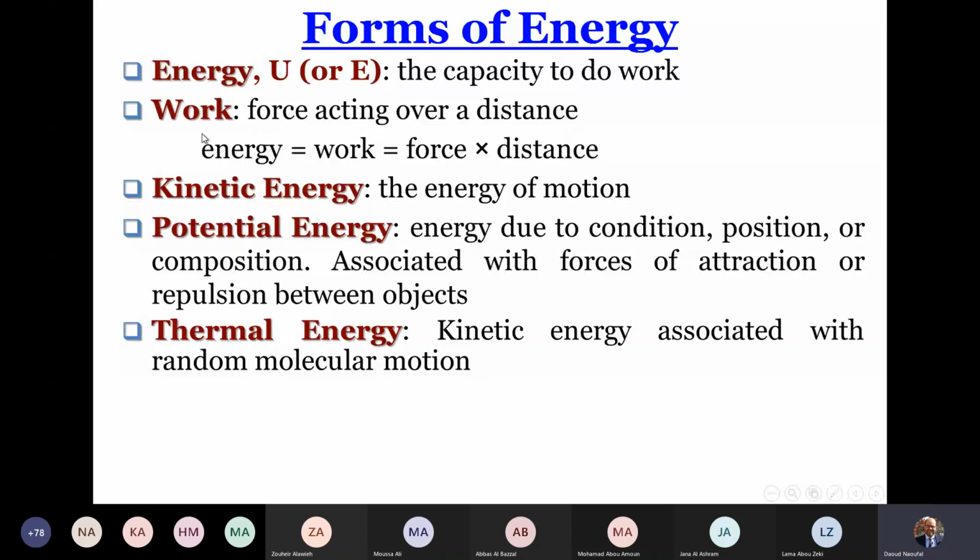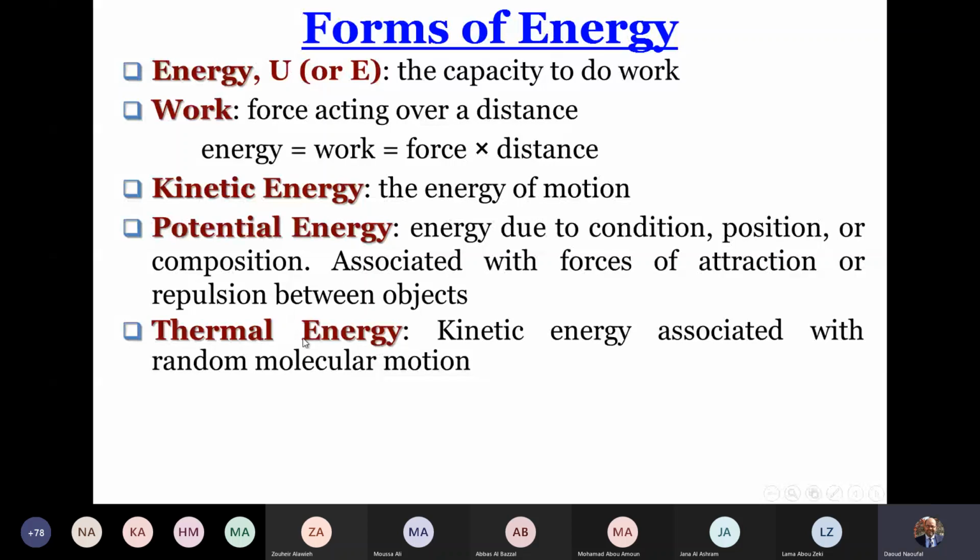In physical transformations, I usually use the terms work, kinetic energy, and potential energy. So in physical transformations, they ask us, for example, to calculate the work, the kinetic energy, or the potential energy.